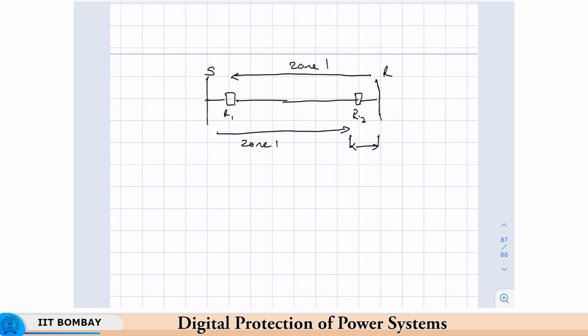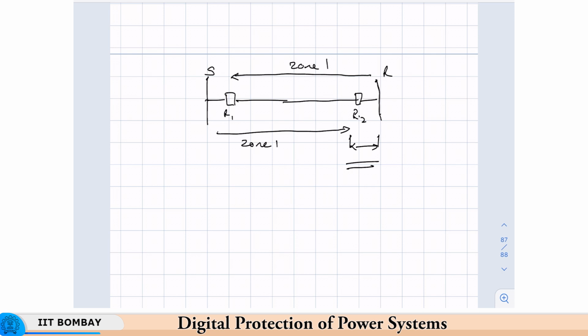So, what can be done? One way of overcoming this is to use the information from the other end. Suppose we are talking of the sending end S, then the relay R2 or some other information from that end can be used to speed up the decision for this part.